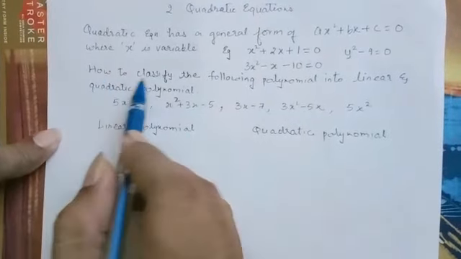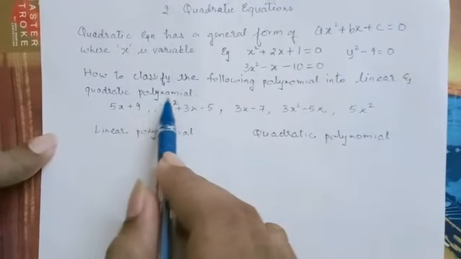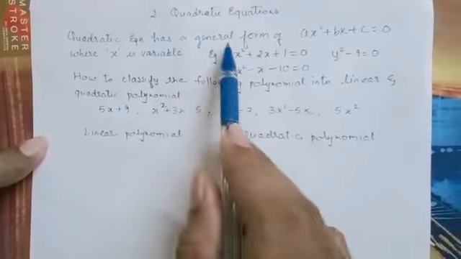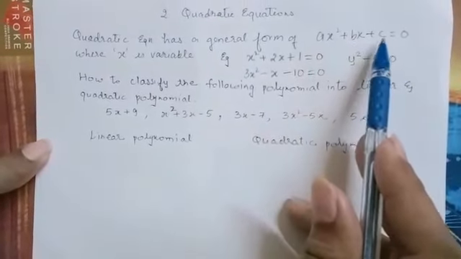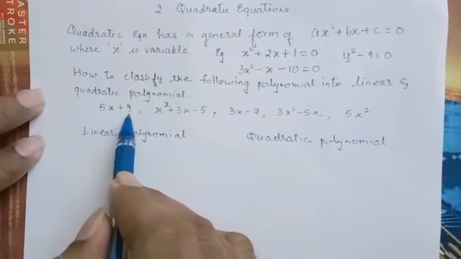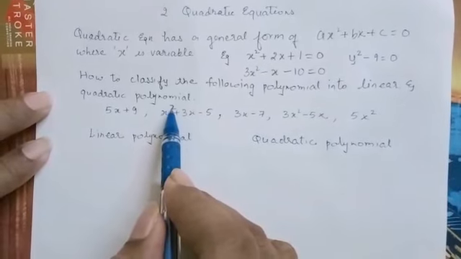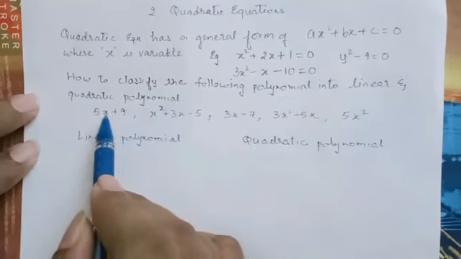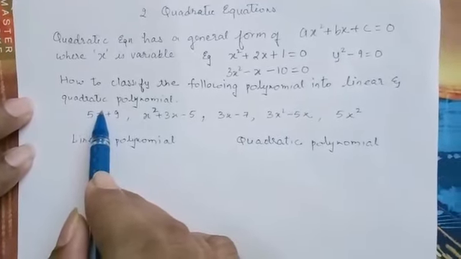Now, how do we classify the following polynomials into linear and quadratic polynomials? Here we see that the given equation has the general form x square plus bx plus c is equal to 0. Therefore, those polynomials having 2 as the highest degree, see here 2 is the highest degree, here there is 1, x raised to nothing means x raised to 1.